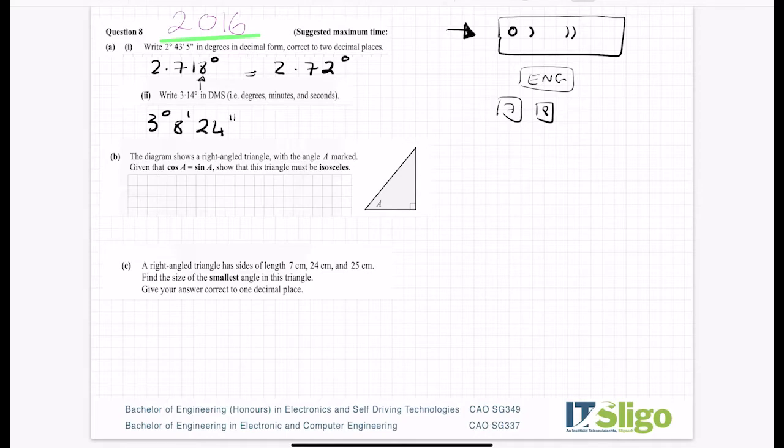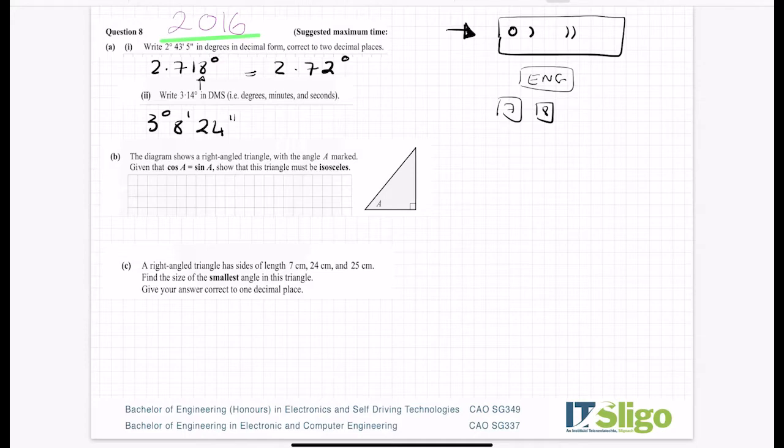So how did I do that again? 3.14, hit equals. You have to hit equals because that's the only way your calculator knows that's the full number, and you log it into the calculator and then hit this button here. Okay, so that's that question.